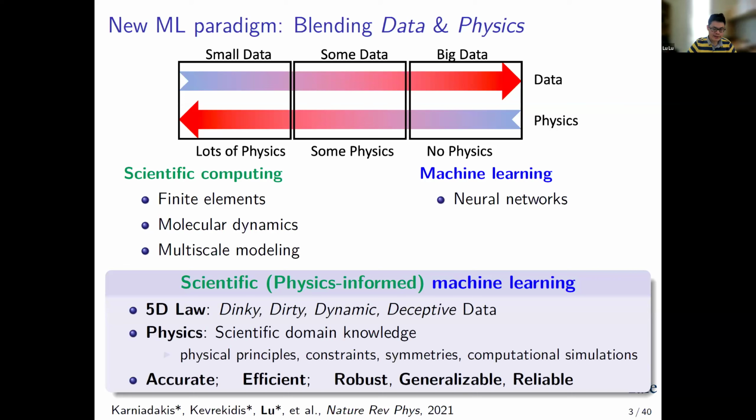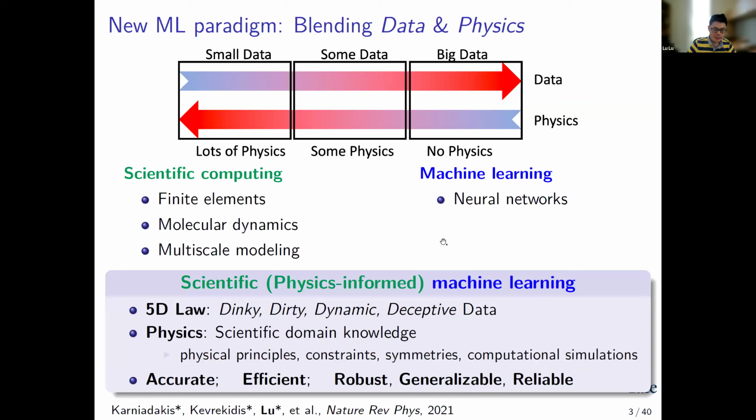But here the physics could be arbitrary, or any scientific domain knowledge. It could be physical principles such as the underlying partial differential equations, or it could be simply some physical constraints, mass conservation, energy conservation, or some symmetry principles in the physics, or even some computational simulations.